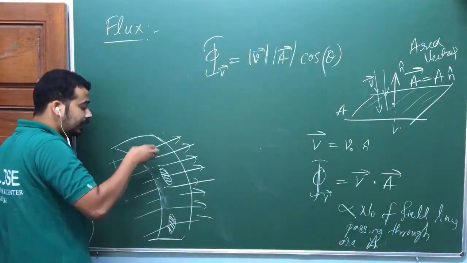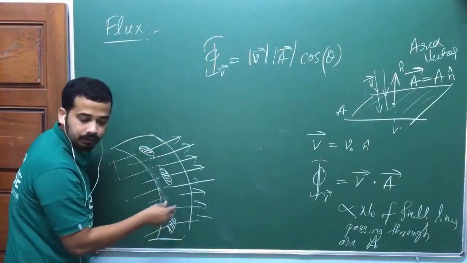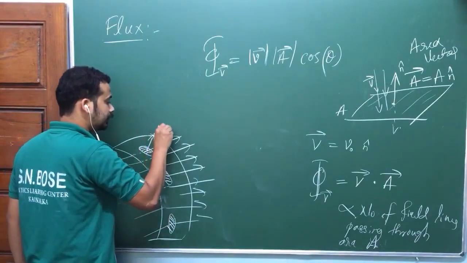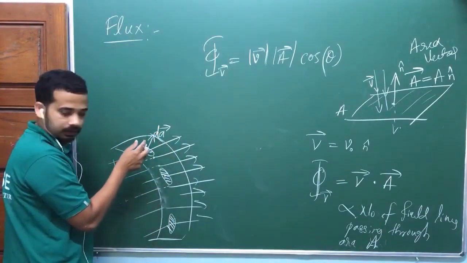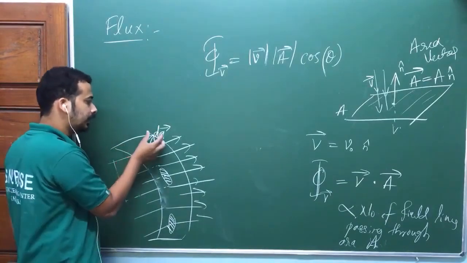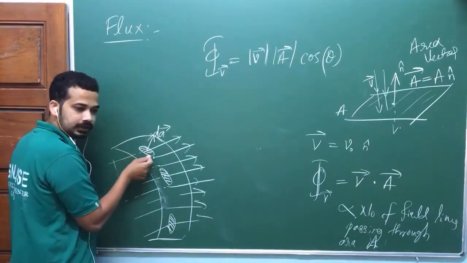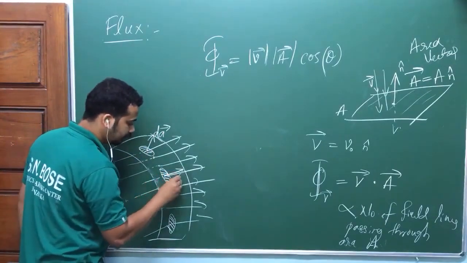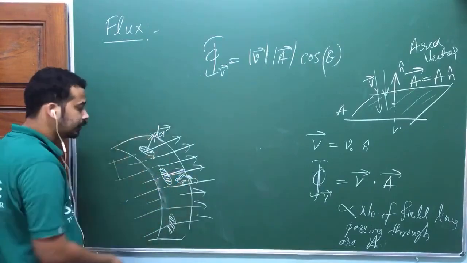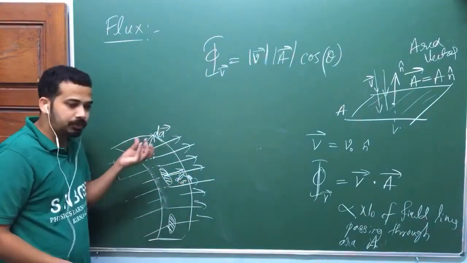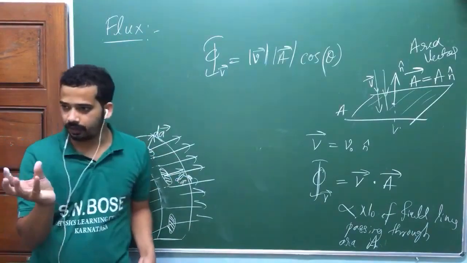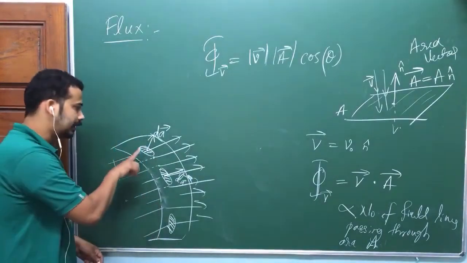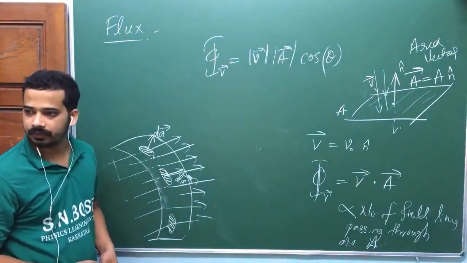After dividing that area into infinitesimally small parts, we define the area vector. This is the dA vector here, the small area vector. Area vector is always perpendicular to the area. Its magnitude is equal to the area itself, and direction is perpendicular to it. We divide the whole surface into small patches, so that each small patch can be practically considered as a plane, and I can define the area vector for that.